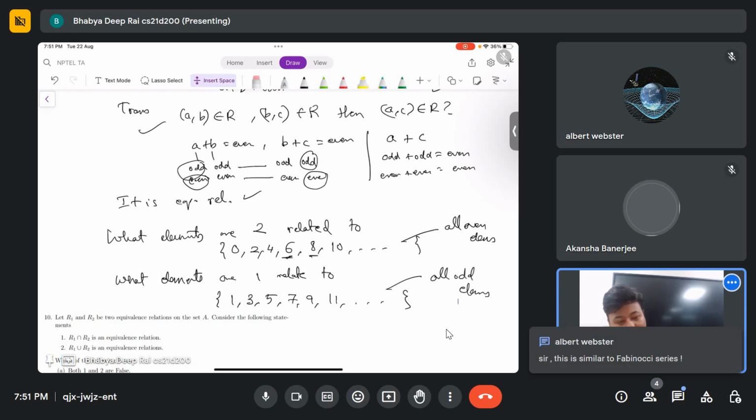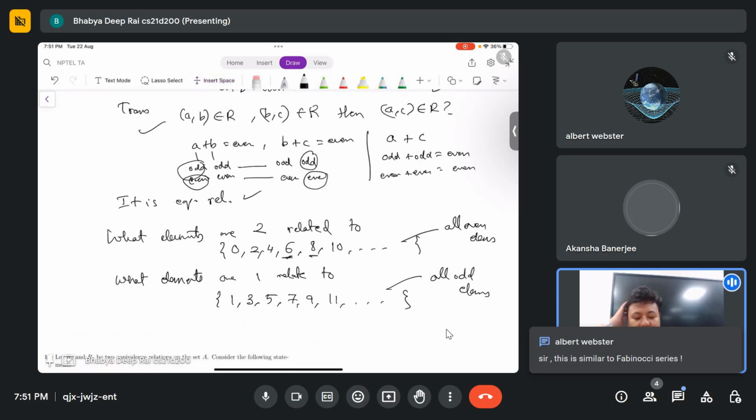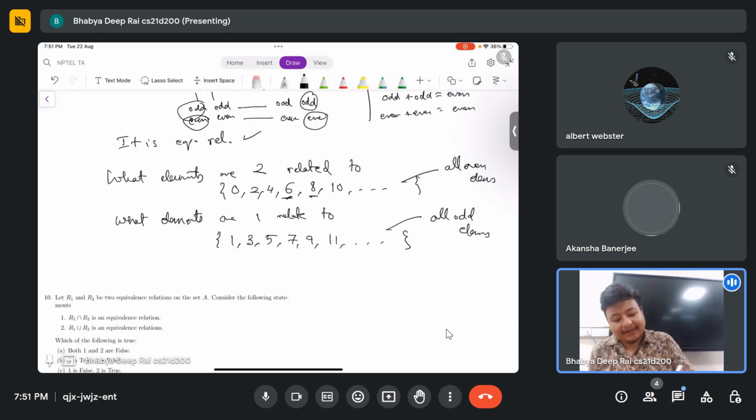Am I done? So this is similar to the Fibonacci series. In a way it is similar because we are having cumulative sums. Yes, you are doing 4 plus 2 is 6. But in Fibonacci, remember that we are relating with the previous element. So 6 plus 4 should be 10 and so on in Fibonacci.